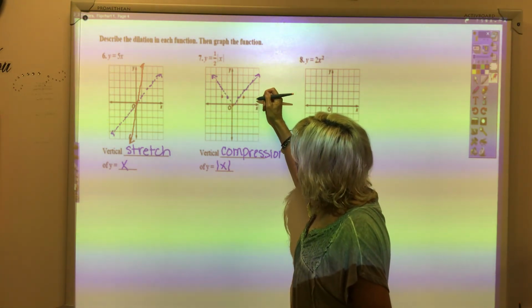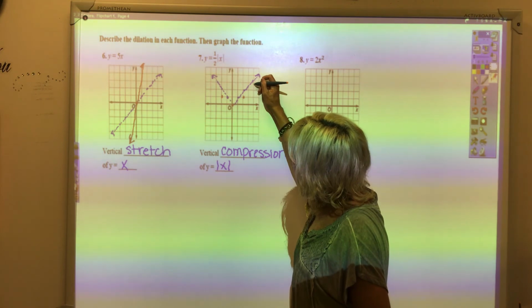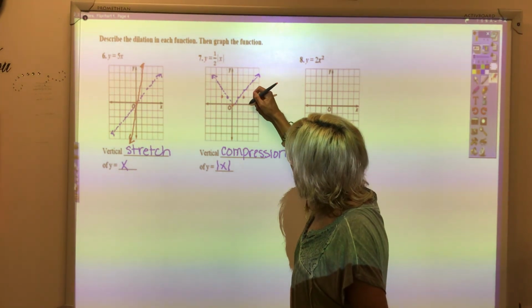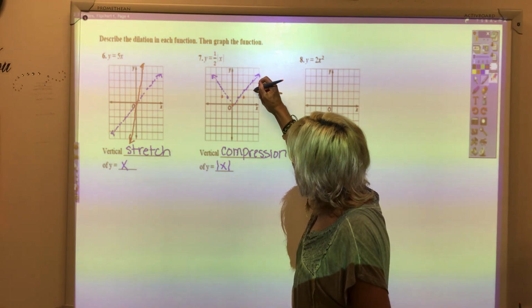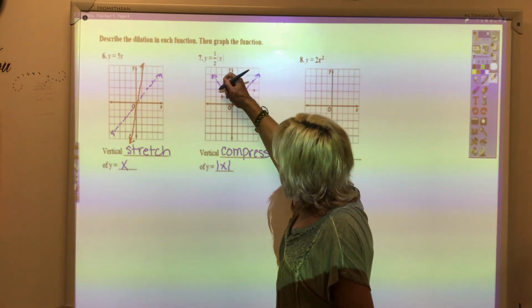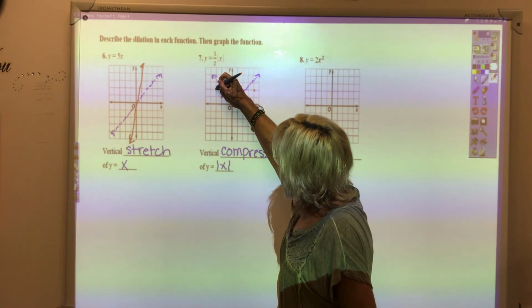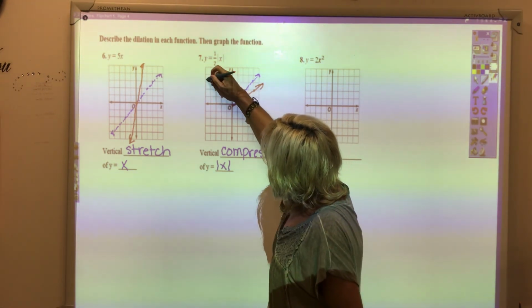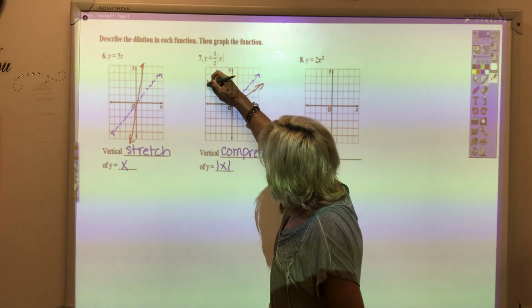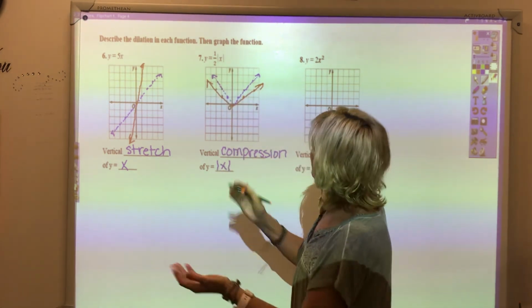I have a point up here at 1, 2, 3, 1, 2, 3, 4, half that would be a 2, half over here would be a negative 2. So you can see that we've kind of scrunched it down, we've compressed it down, pushed it down.